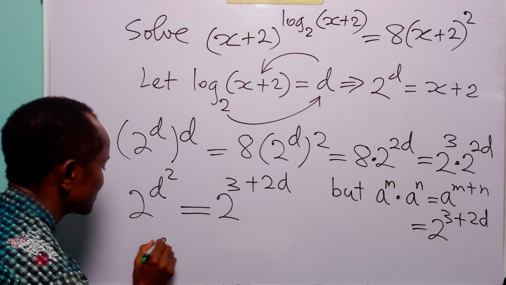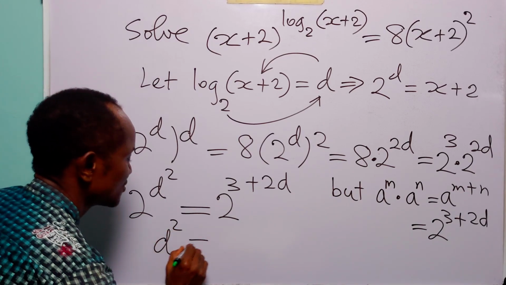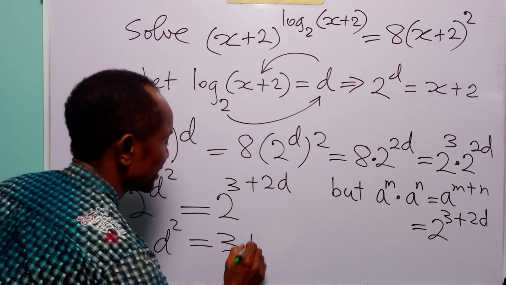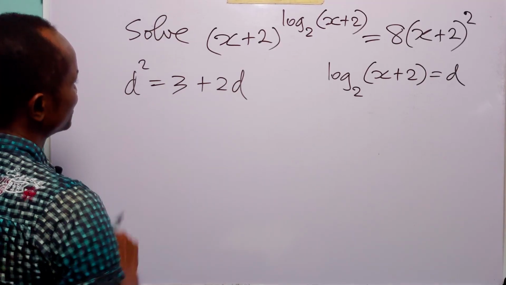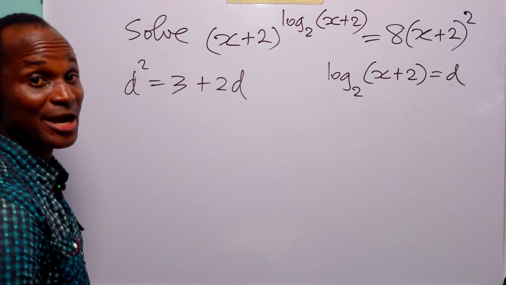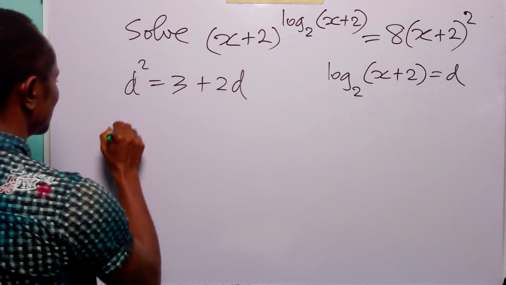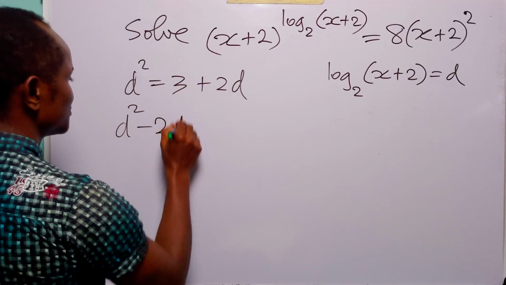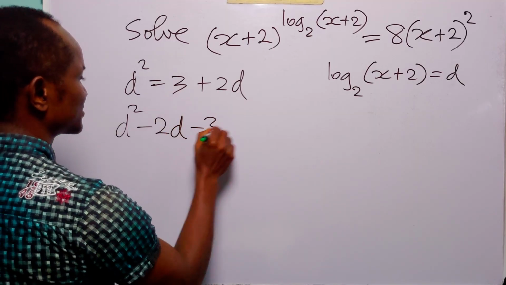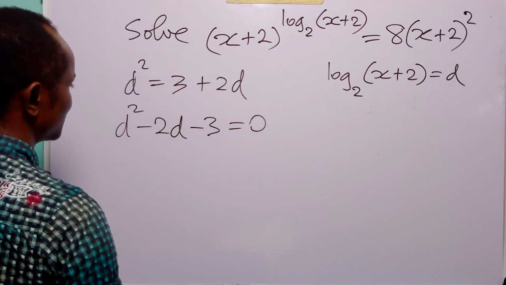So d squared is going to be equal to 3 plus 2d. And to solve this quadratic equation, we are going to start by rearranging it. So we have d squared minus 2d minus 3 is equal to 0.